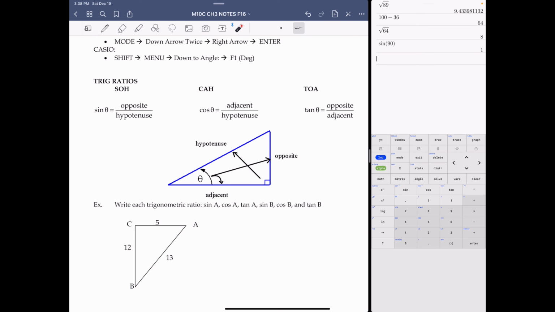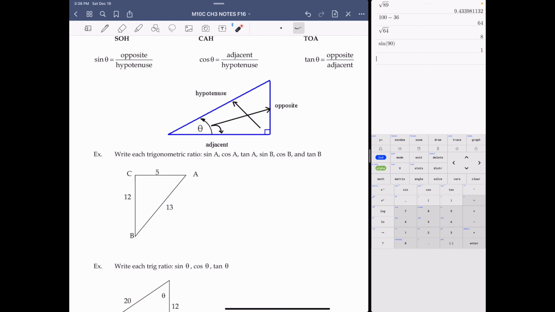Example, write each trigonometric ratio: sine A, cos A, tan A, sine B, cos B, and tan B. So starting with sine A, cos A, tan A, that's saying looking from angle A. If we make angle A our angle of interest, label your sides opposite, adjacent, and hypotenuse.